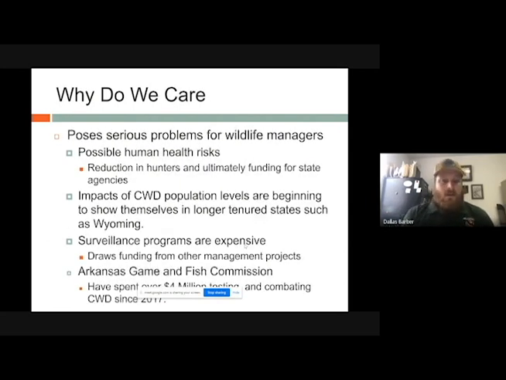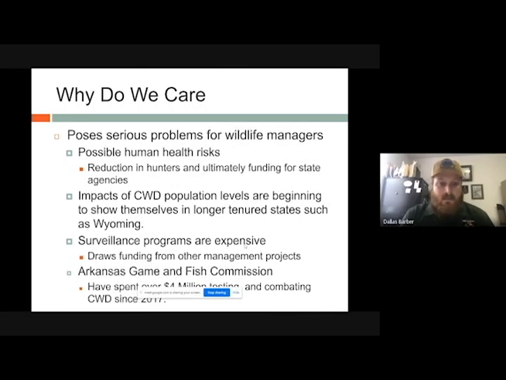So why do we care? CWD poses a serious problem for wildlife managers across the country. There are possible human health risks. Again, like I said, with this being such a new disease, we still don't really know if this disease can bridge the species barrier.